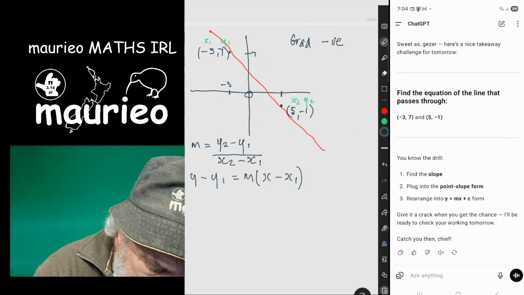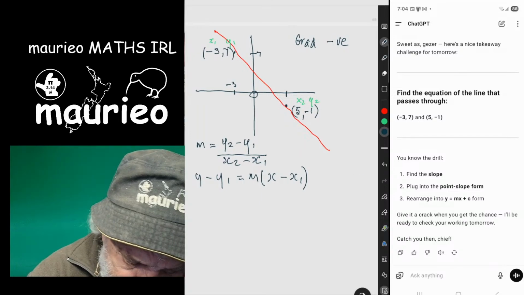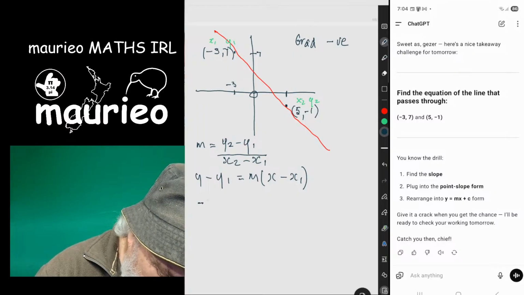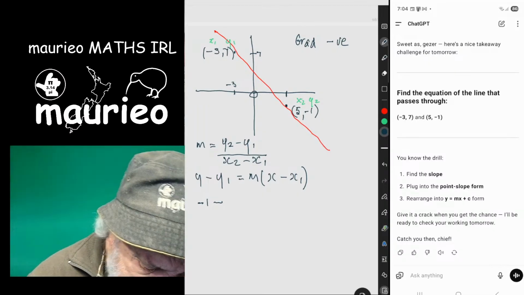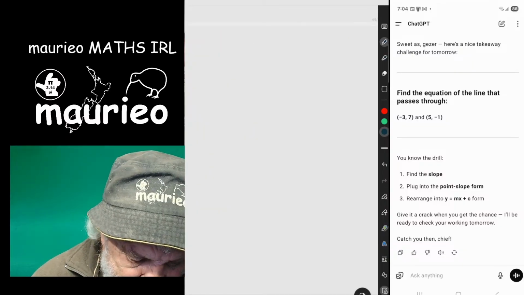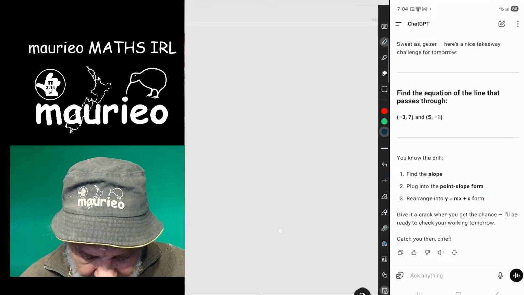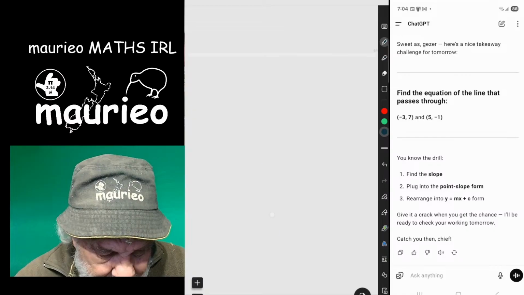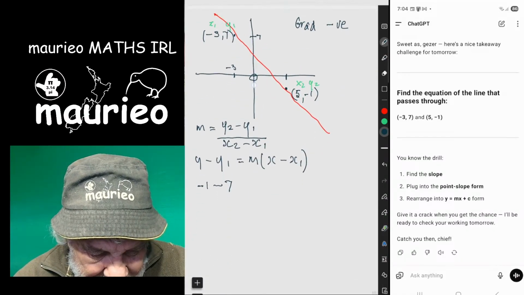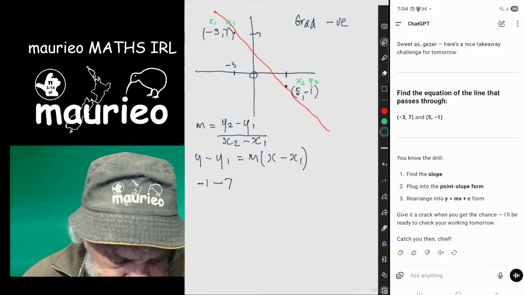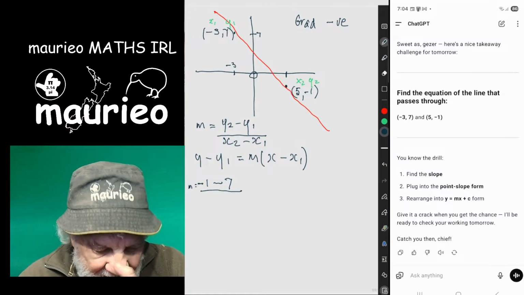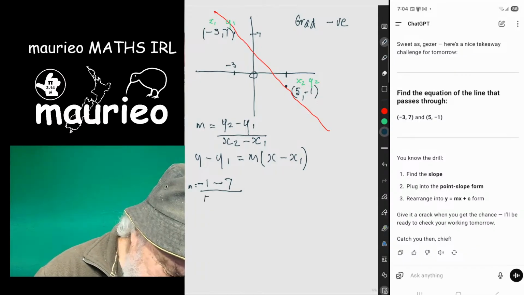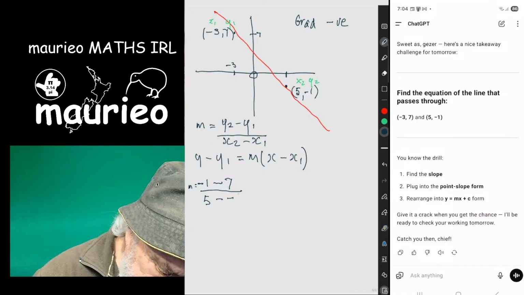So y2 is -1, and then we subtract y1, which is 7. -1 minus 7, and this is m, our gradient. -1 minus 7 over x2, which is 5, minus -3.